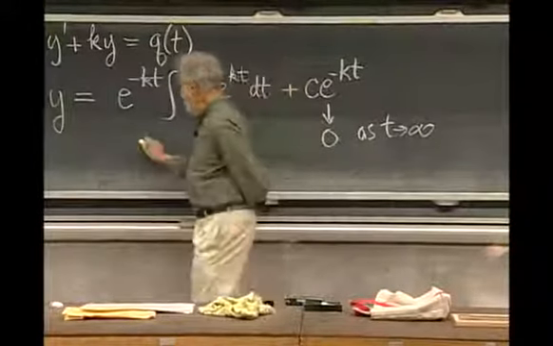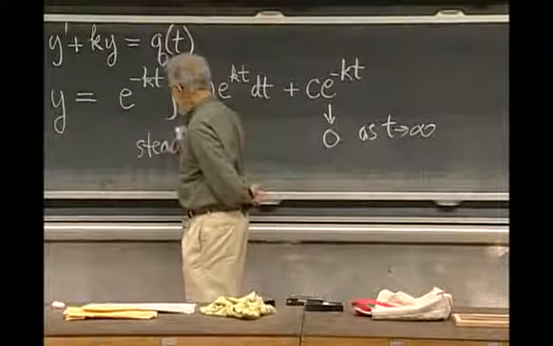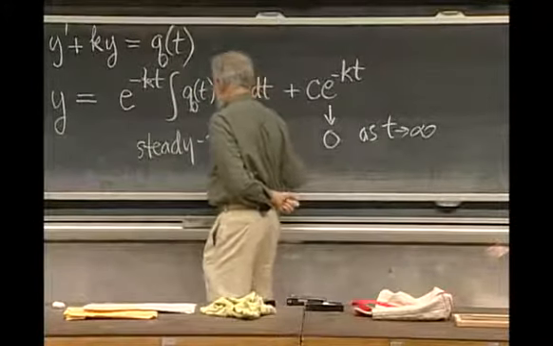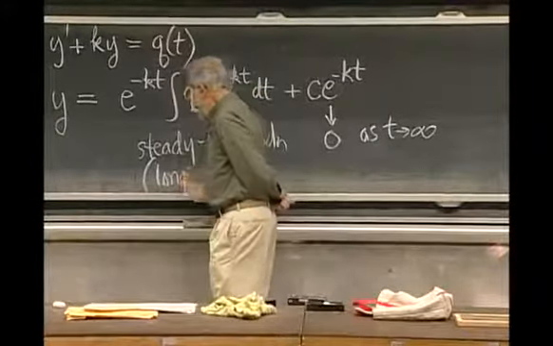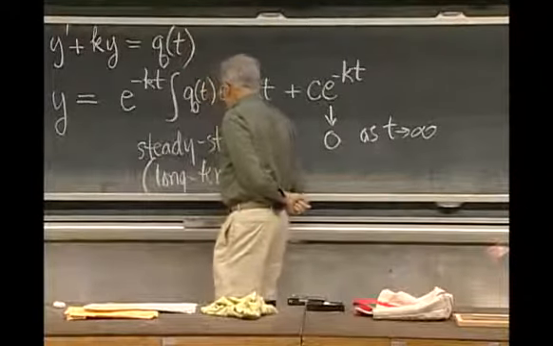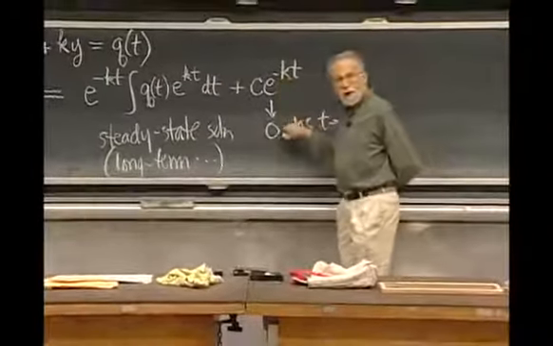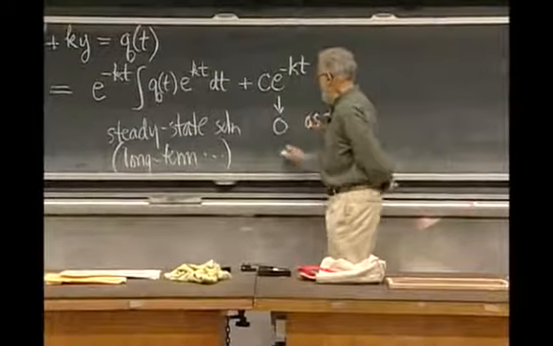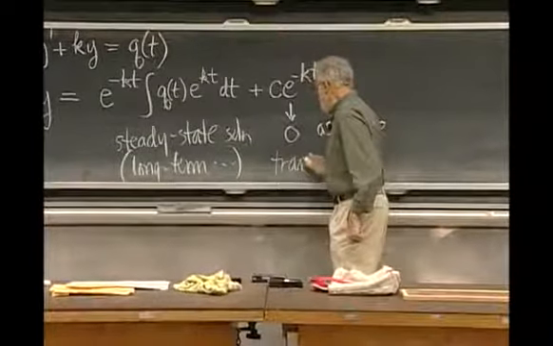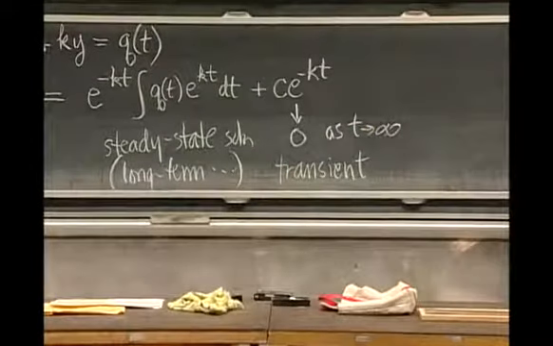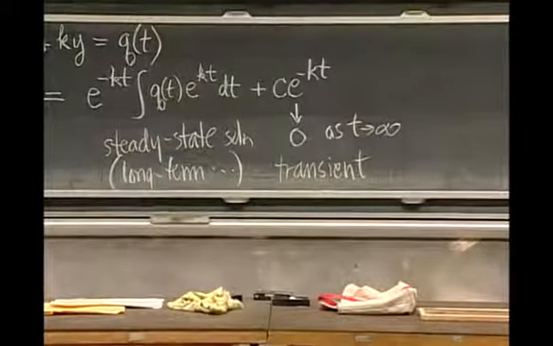And so this term is called the steady state or long-term solution. And this, which disappears, gets smaller and smaller as time goes on, is therefore called the transient, because it disappears as the time increases to infinity.